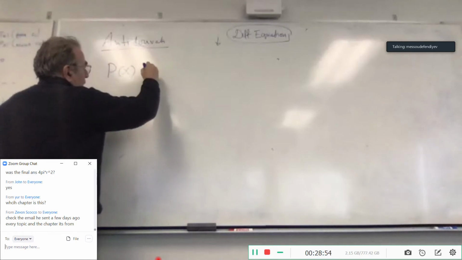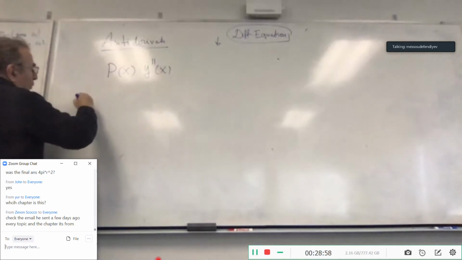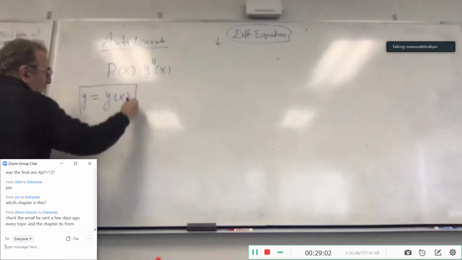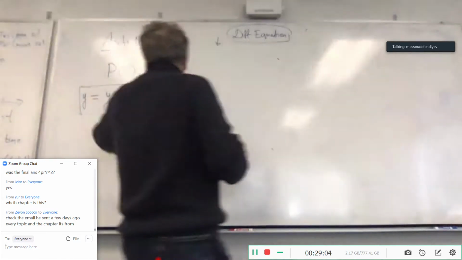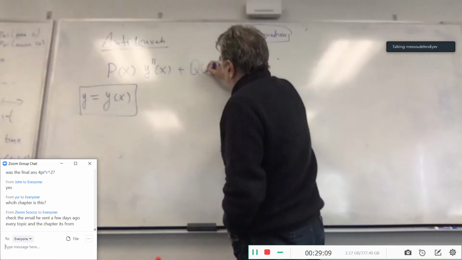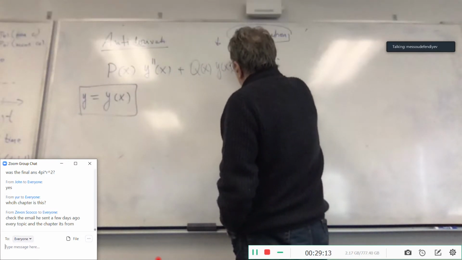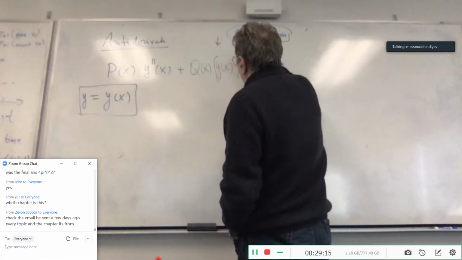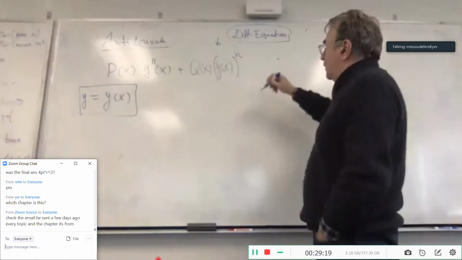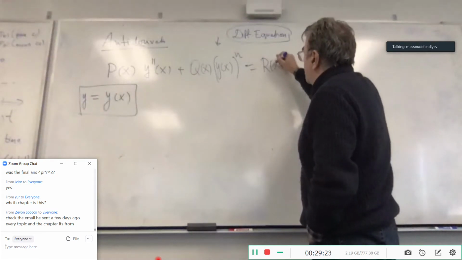Allow me to write it: we are looking for y equal to y of x, where p of x is given, plus q of x times, for example, y of x to the power n. It could be anything, could be 1. Now the equation is equal to the other function. This is a general form.